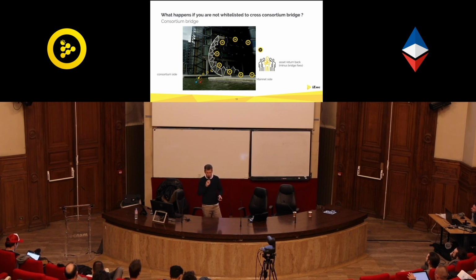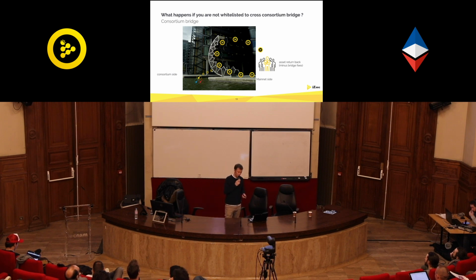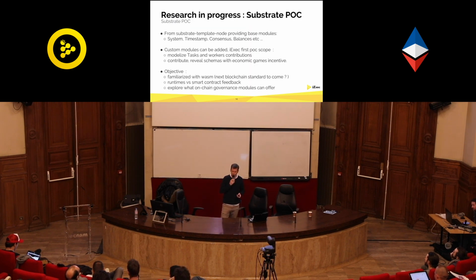And today in the bridge you can also add a fees smart contract. That means that only fees will be removed from the transfer. So that was the bridge part of what we are currently working on.